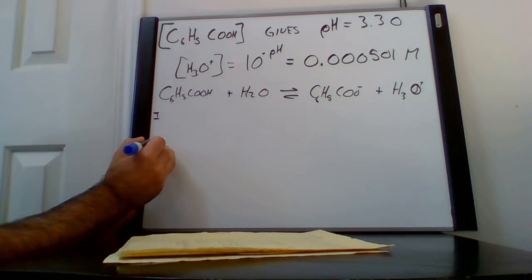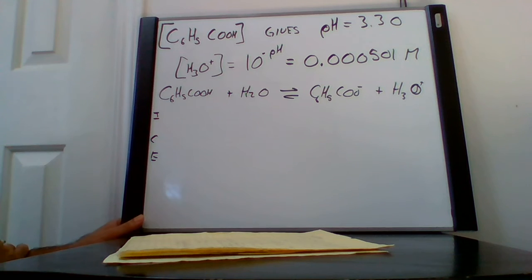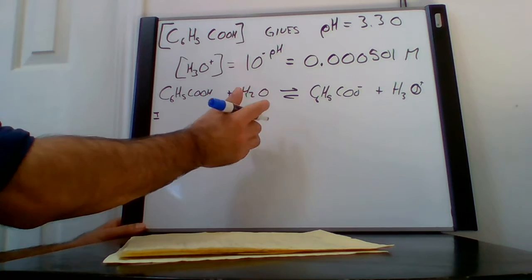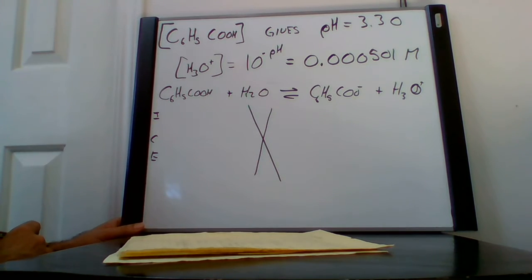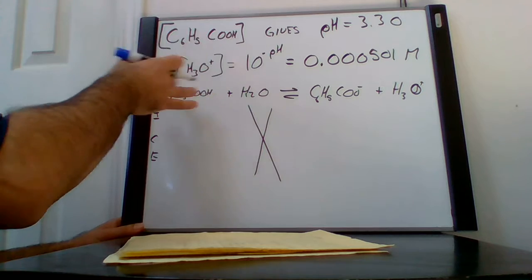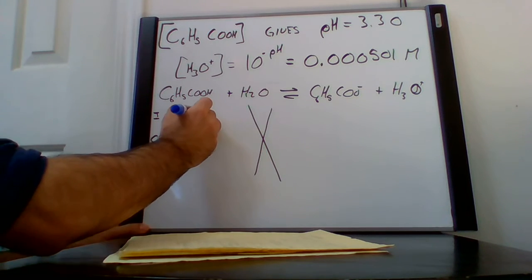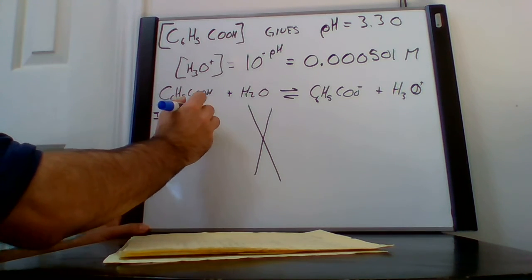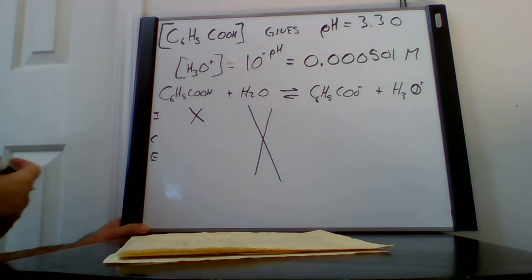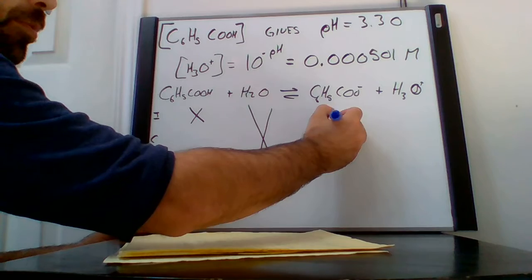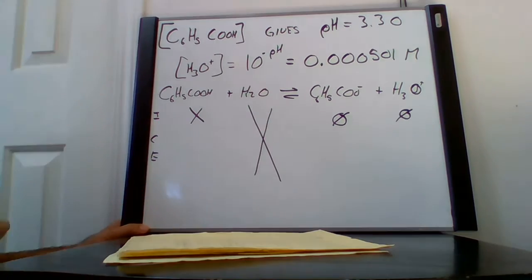We are looking at our initial, our change, and our equilibrium values here. And again, we ignore the pure liquid. So we are introducing some of this benzoic acid into a solution. We don't know how much. Okay, so that's the X value. We're trying to find this. And since we're putting this into water, we are starting off with 0 on both of those.